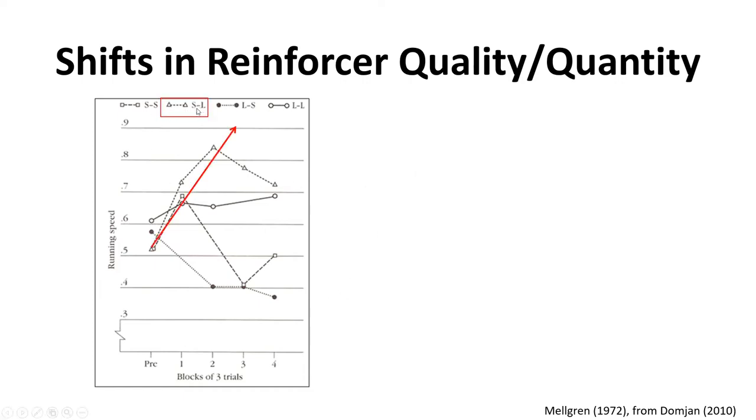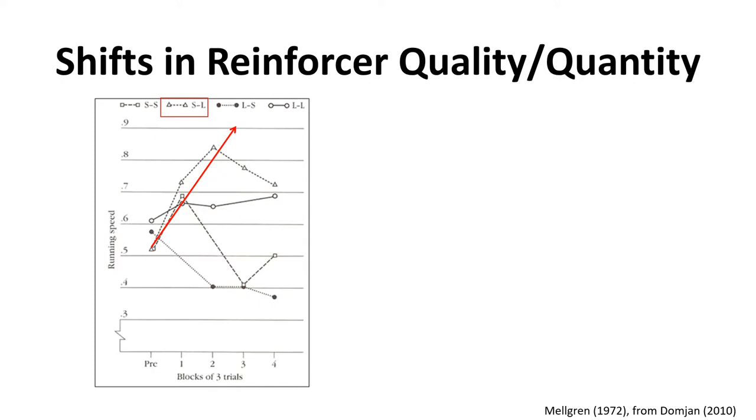But if we look at our small to large group, so our triangles, these go from, at the beginning, pretty slow running speed. And then we see this dramatic climb where by the time they've gone through the first and even into the second block of trials, they're responding much, much faster. So they're running from the beginning to the end of the maze so much faster because now they're getting something that's bigger than they expected.